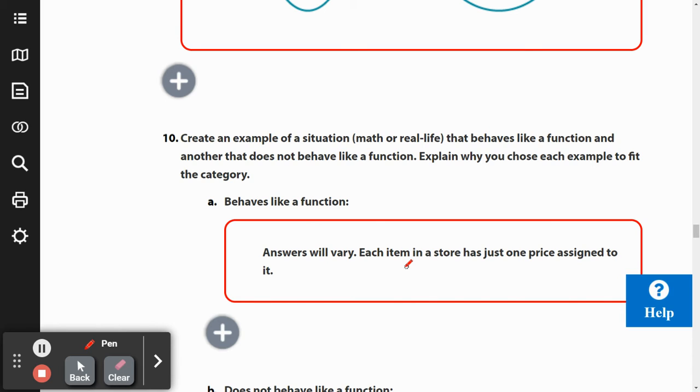All right. That would be a function, because the price of a 20-ounce bottle of Coke is not the same as the price of a 20-ounce steak. Because if it was, I'd be buying steaks every time instead of a Coke, right?